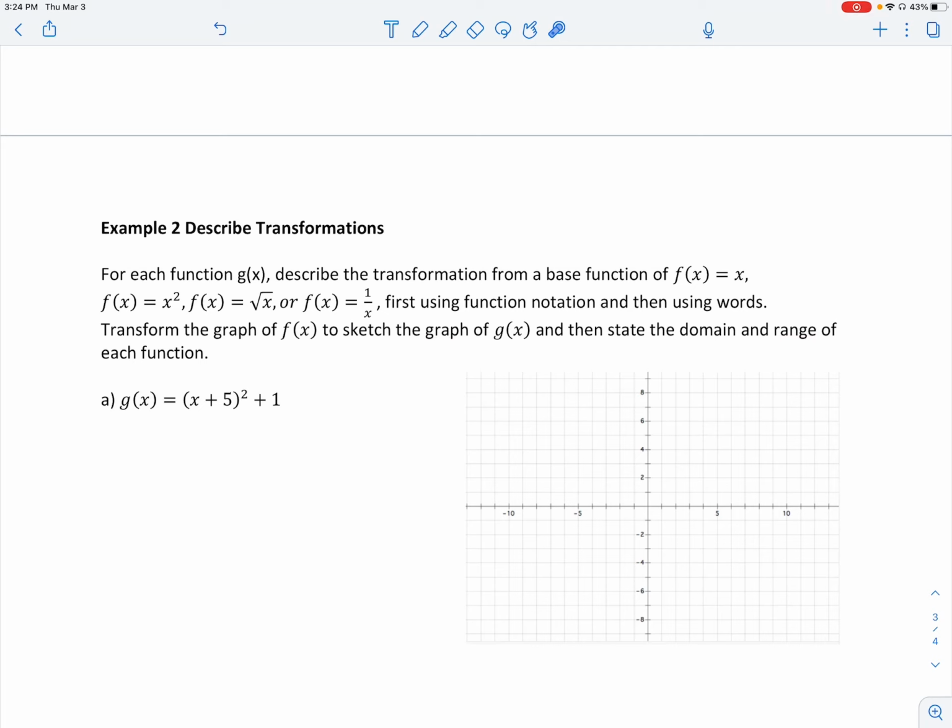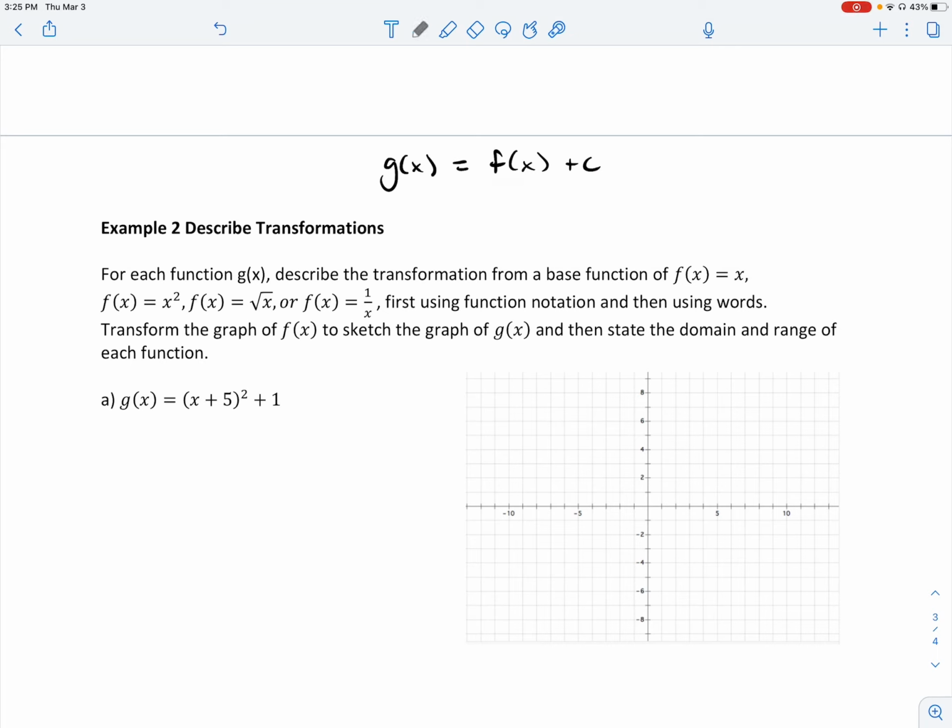Before we begin, we're going to recap some of the things that we learned from the Desmos investigation. We learned that if a function g of x is equal to another function plus c, then all we need to do is take the base function and add c to it.